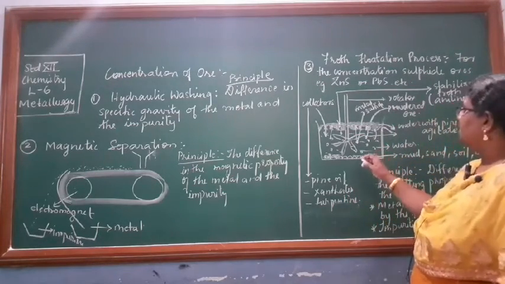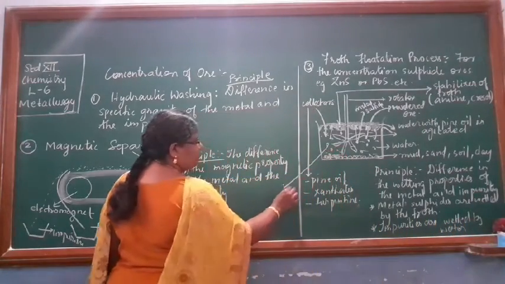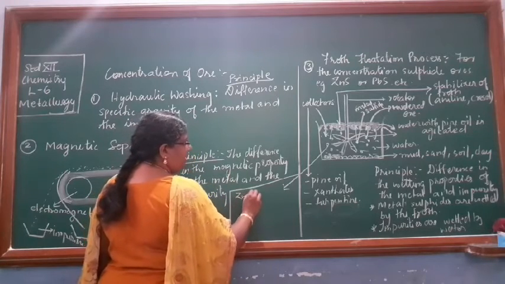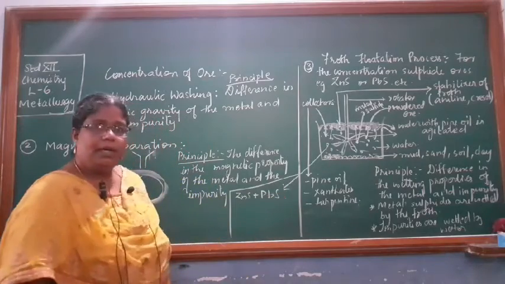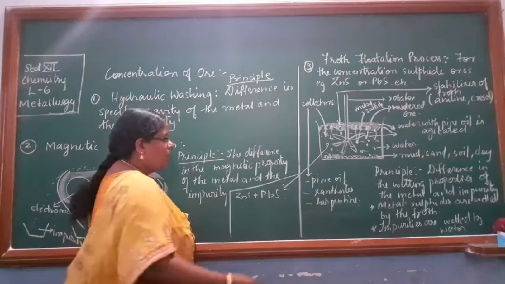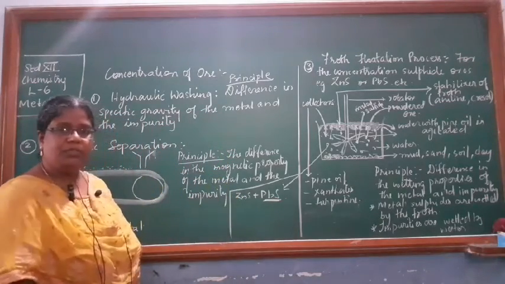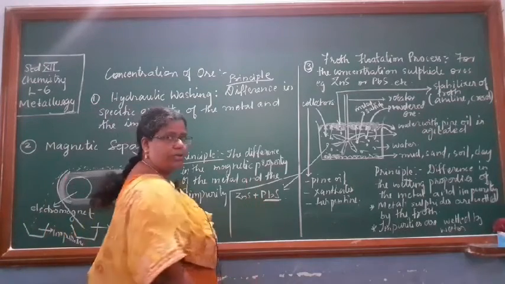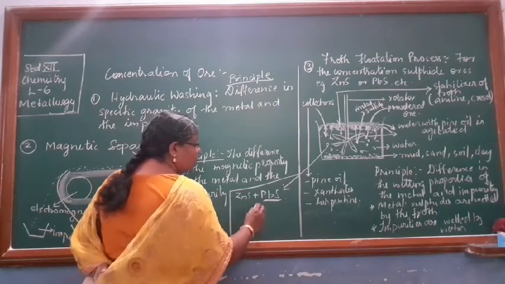Example, suppose this powdered ore has ZnS also and PbS also, both you are having. Such an ore where ZnS is present and PbS is also present, and we want only PbS. We don't want ZnS because we want the metal Pb. The lead sulphide only we want. We don't want ZnS. So to this ore, what are we adding?